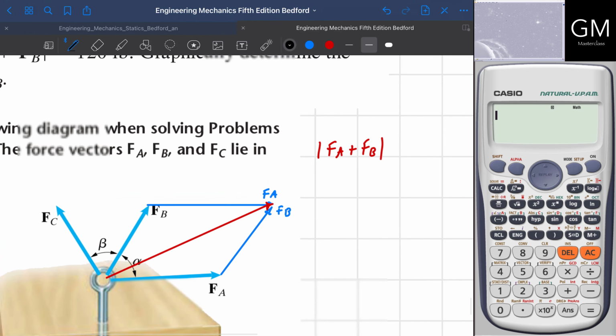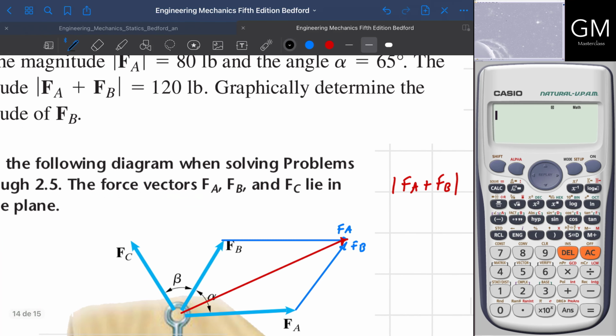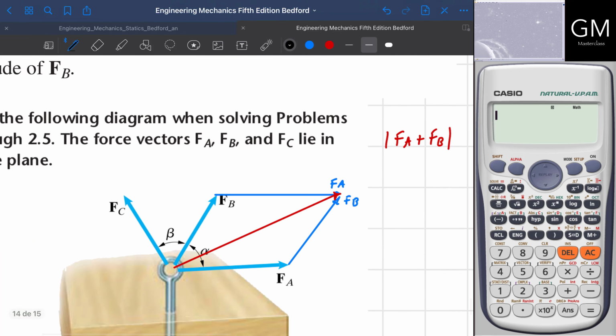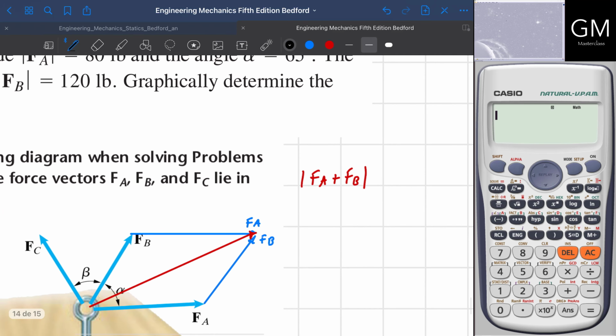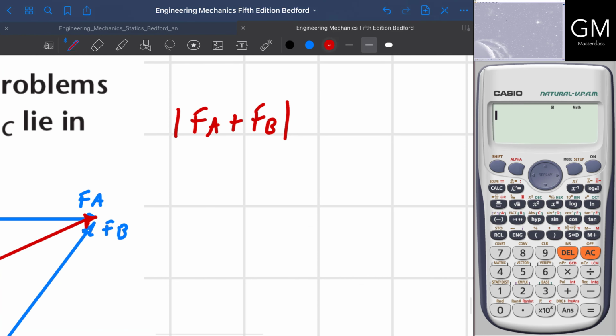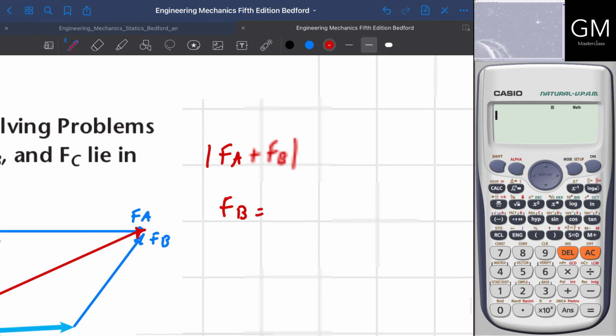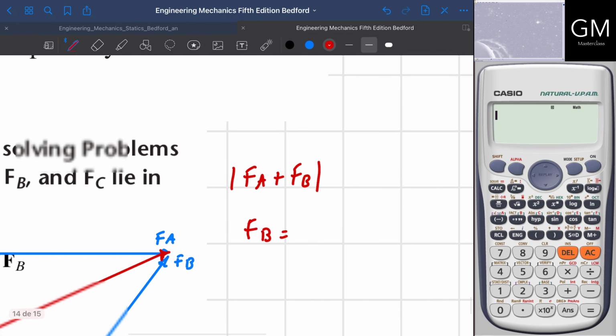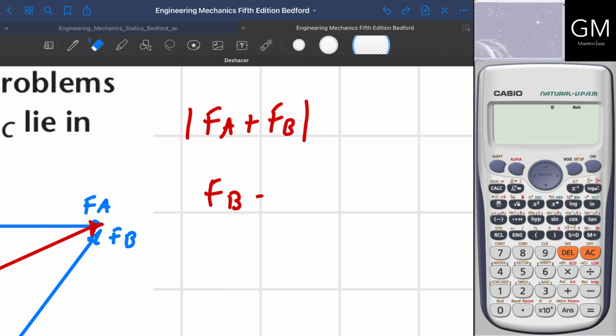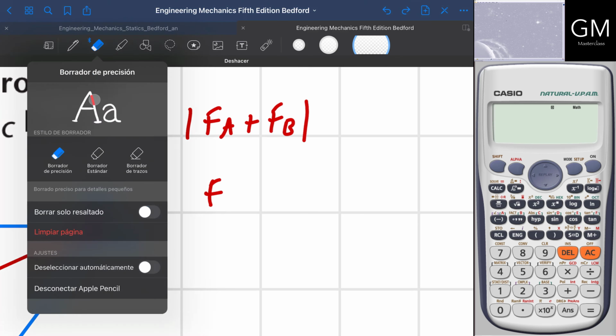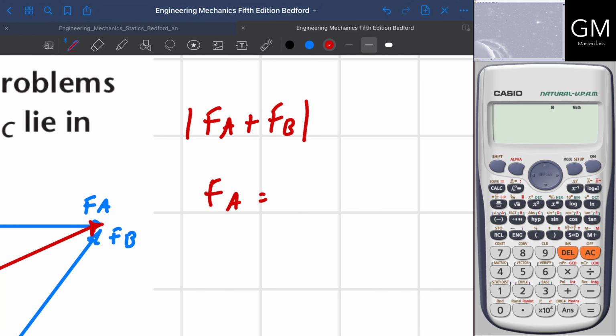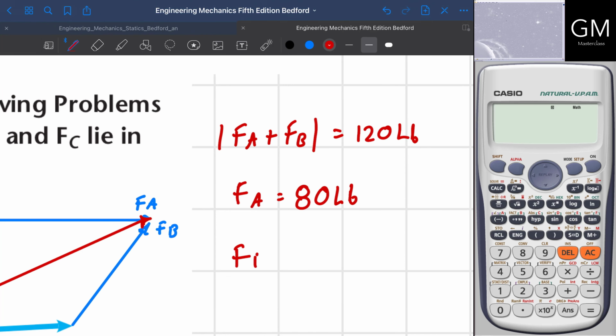Now what I'm going to do is write down the information that the problem is giving me. So FA equals 80 pounds, and this equals 120 pounds. And I'm looking for FB.